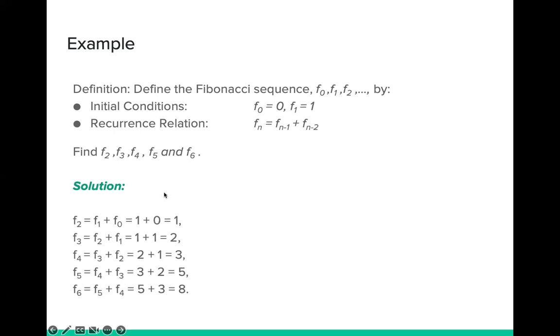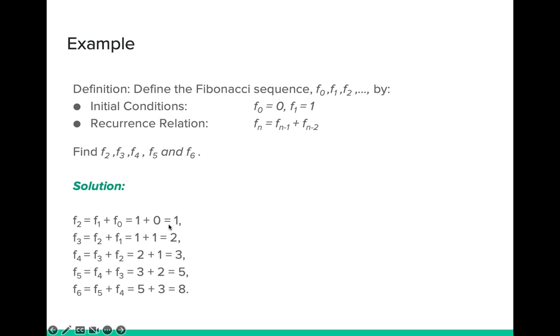So this would be the solution. F sub 2 is the sum of its previous two terms, F sub 1 and F sub 0. F sub 1 and F sub 0 are 1 and 0, so F sub 2 is equal to 1.